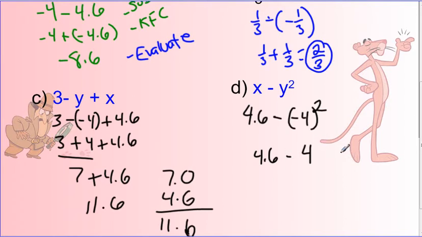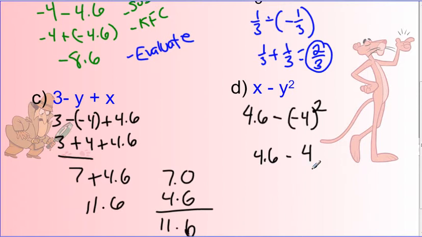If we do KFC, 4.6 plus a negative 4, is this really any better than that? Probably not. It's probably a little more complicated because now you've got more stuff in there. So KFC is used to make a subtraction problem easier to do. If the subtraction problem is already easy, like this one, you don't have to do KFC.